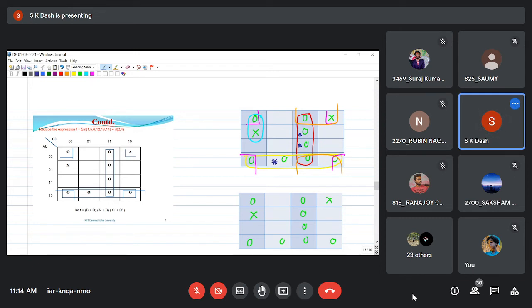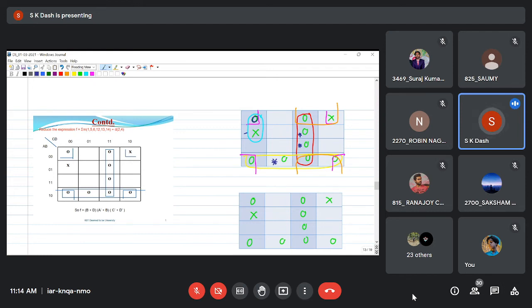Anything else, is it essential? The first pair. Okay, the pair is essential. But is it essential because of zero or cross? It is essential because of this cross, not zero. This zero can be covered using this pink color quad also.